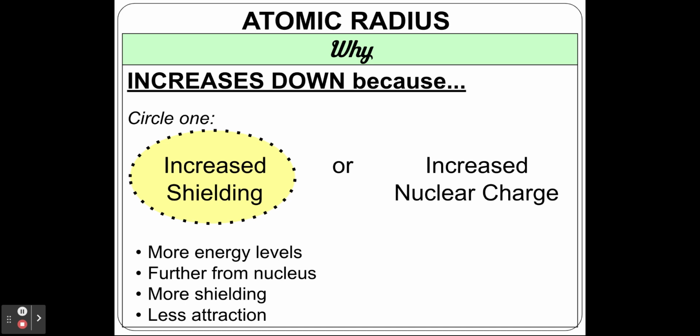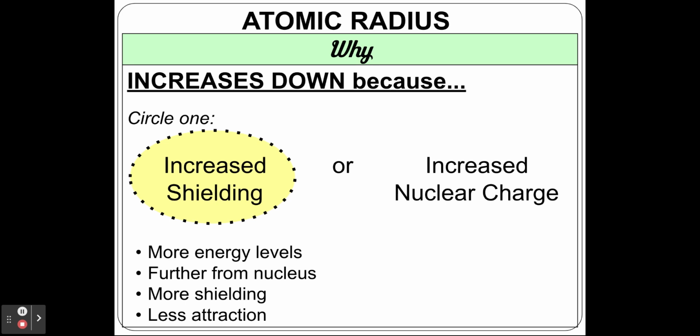When you're going down a group, the size of the charges aren't really changing, so the effective nuclear charge isn't changing all that much. That is because the increased shielding cancels out the increase in the number of protons. So even though you're increasing the nucleus by a lot, you're also increasing the amount of shielding as well.